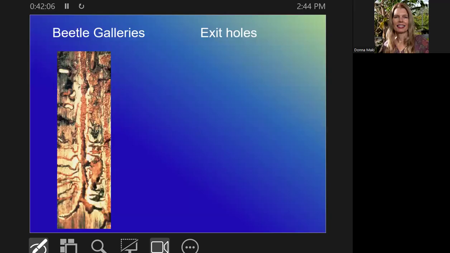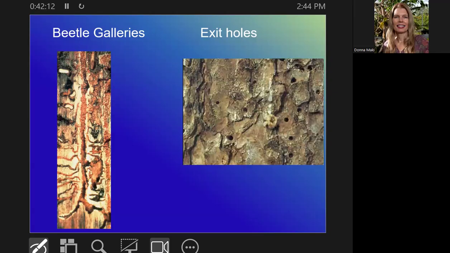So that's an actual beetle gallery that they took after they pried off the bark in that section. And then when the adult comes out, you'll see these almost perfect circular holes as they bore their way out and start to fly to the next tree and do it all over again. So very, very damaging.